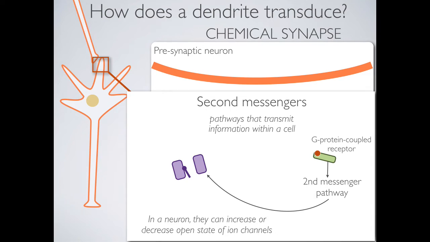And in the case of neurons, they can increase or decrease the open state of ion channels. They can also change the presence of leak channels. And so potassium leak channels, for example, can be sequestered in the interior of the cell in vesicles. And second messenger pathways can result in those channels binding to the cell membrane and therefore effectively making the membrane more leaky to potassium, increasing its permeability.